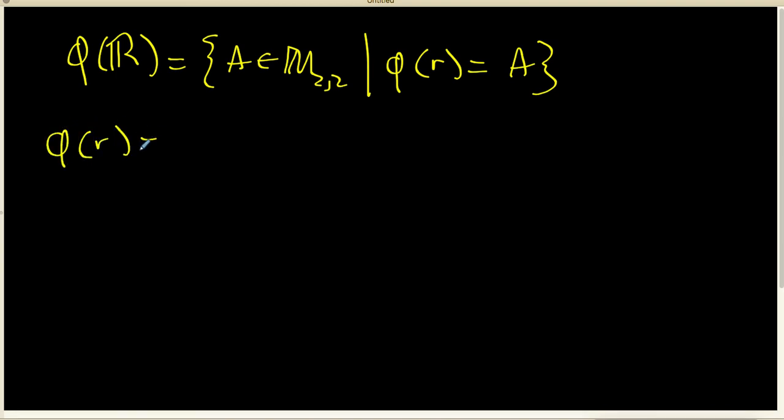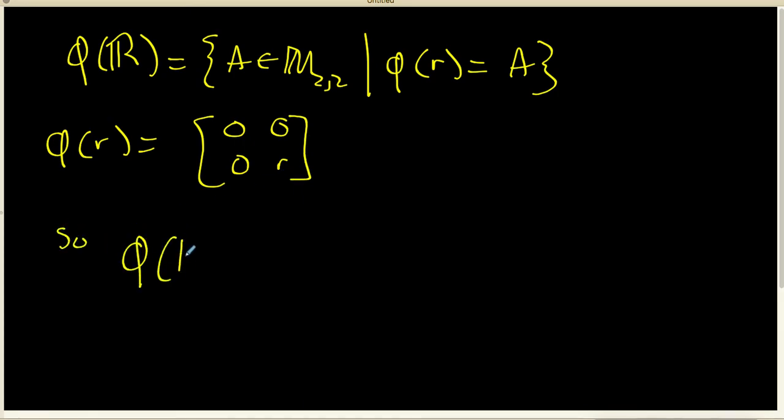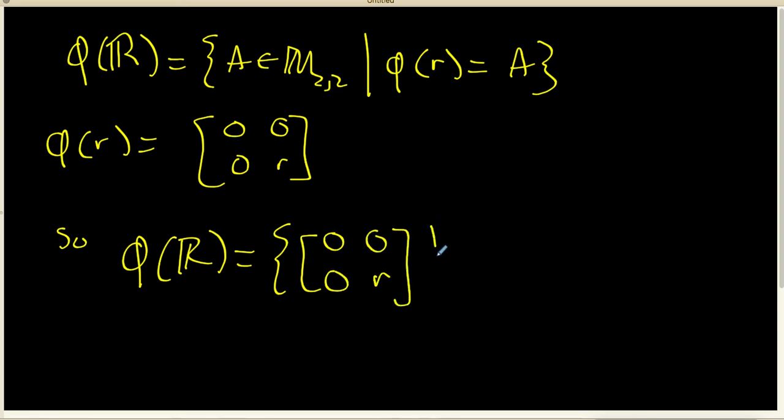Phi of r is equal to 0, 0, 0, r. So the image of our ring homomorphism is going to be the set of everything that looks like 0, 0, 0, r, where that r is pulled from the real numbers.